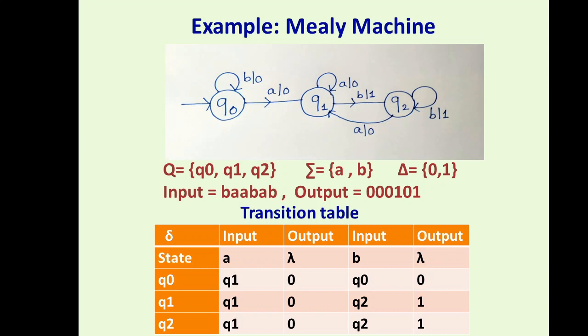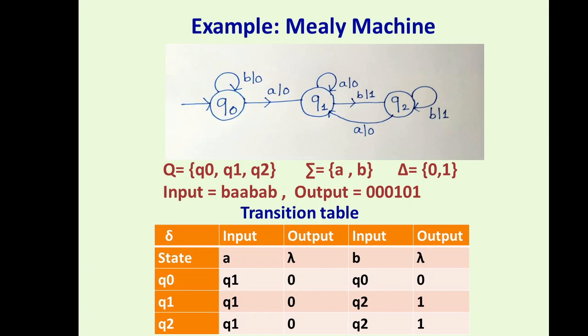Let us understand Mealy machine with an example. The same example is considered here like Moore machine. We have 3 set of states. Q is equal to Q0, Q1, Q2. Sigma is A comma B and del is 0 comma 1. Del is output alphabet. We can observe that from state Q0 we have 2 transitions on 2 input symbols A and B. On A, from Q0 we are reaching to Q1 and generating output 0.